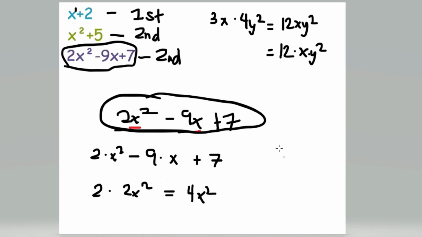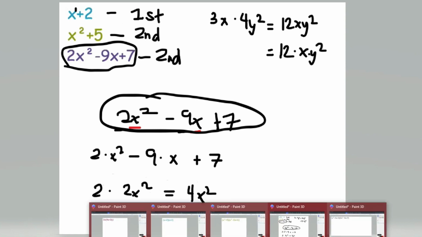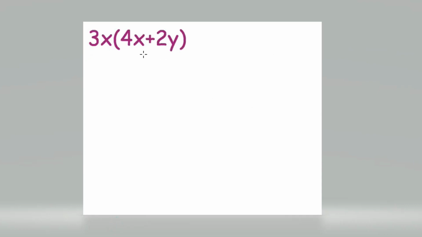So, for the next part, we have different examples of expansion and simplification. So, for the first example, ito. Before pala muna, tingnan muna natin kung anong degree.